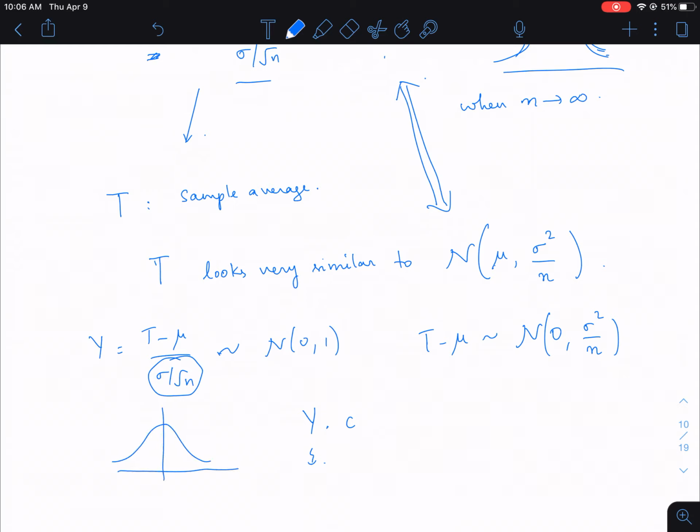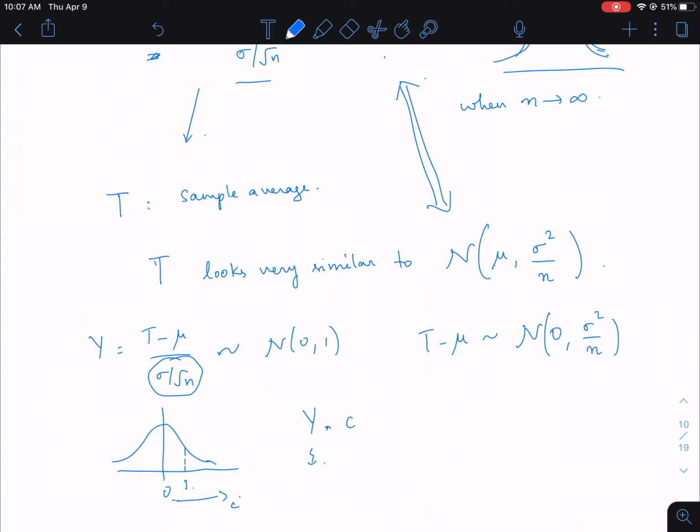It is normal with mean 0 and variance 1 in this case. Then if I look at y times any constant c, that's like scaling the x-axis by a factor c.